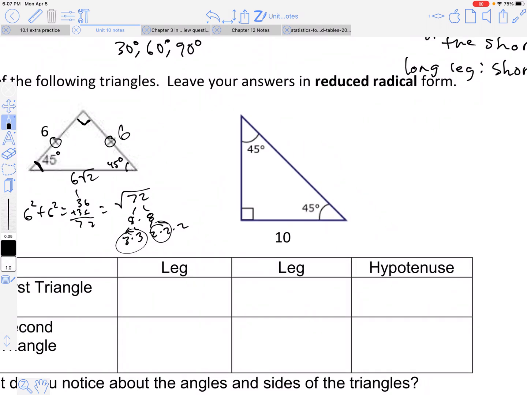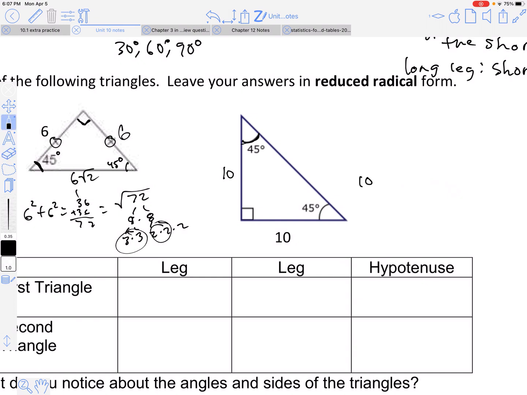All right. So we already have all the angles, and if that angle is producing 10, then this angle will also produce 10. We could also use, if we wanted to, sine of 45 degrees to find this, but I'm going to use the Pythagorean theorem.